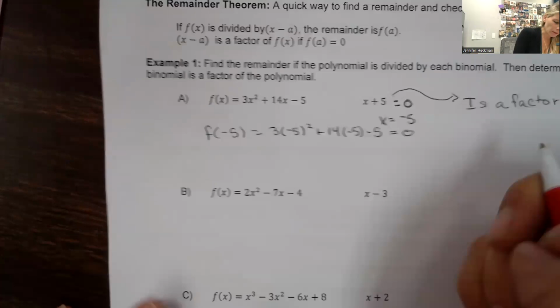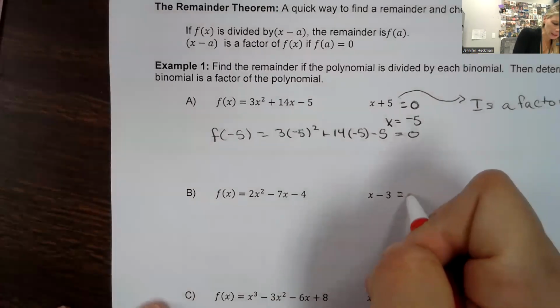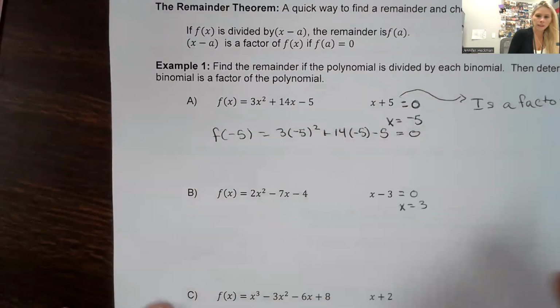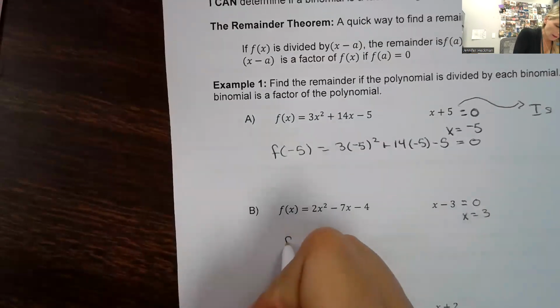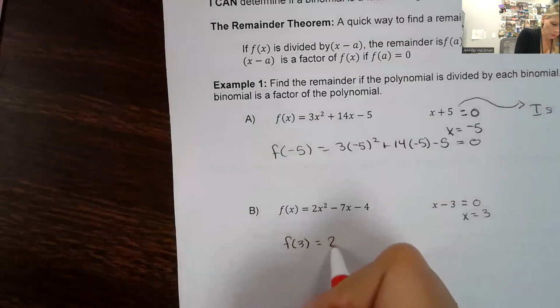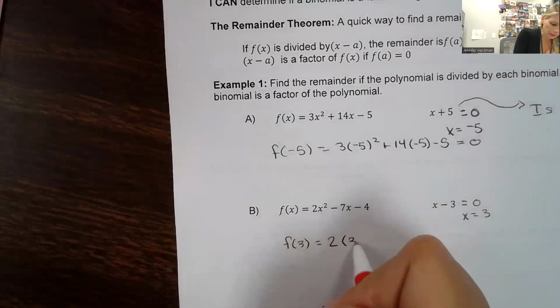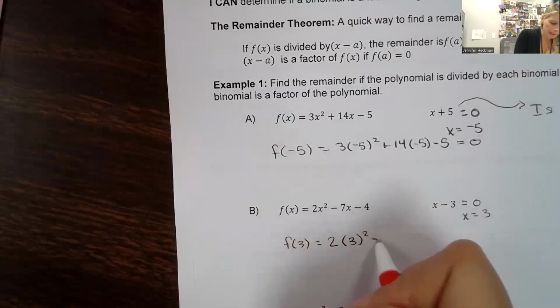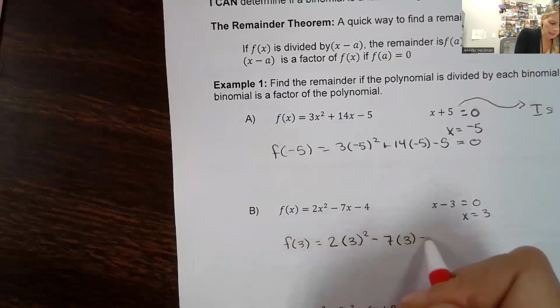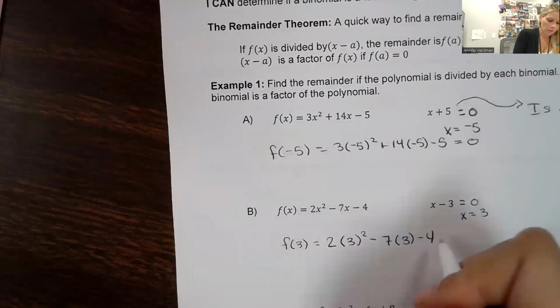All right, B. So in this case, what makes this 0? Well, that would be x equals 3. So we're going to plug in f of 3. And we get 2 times 3 squared minus 7 times 3 minus 4. All right.